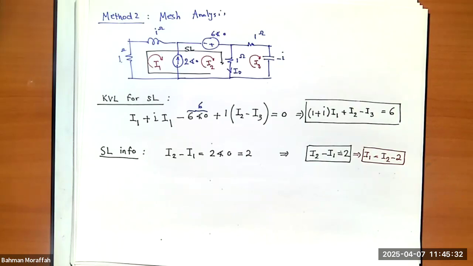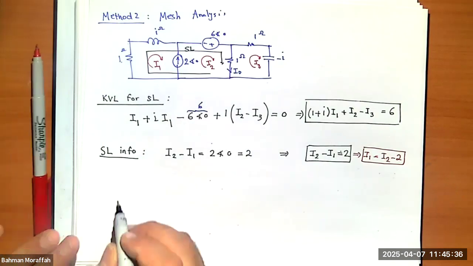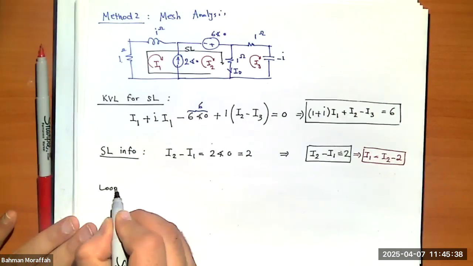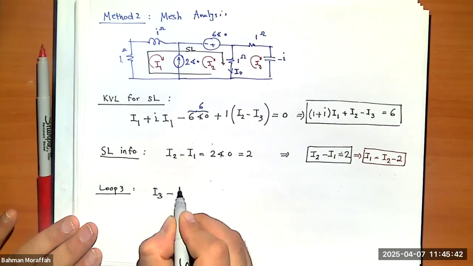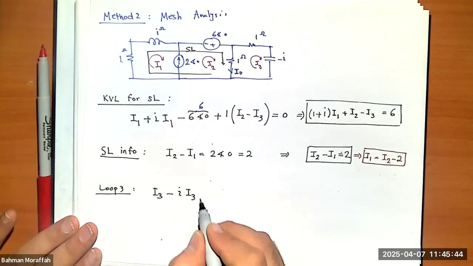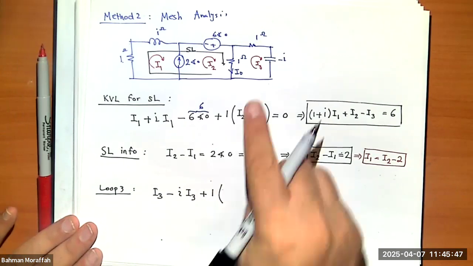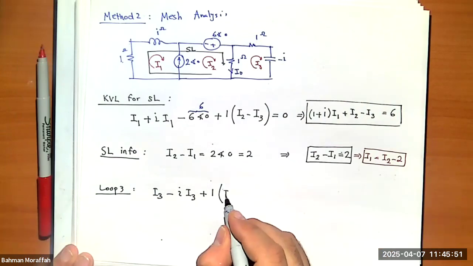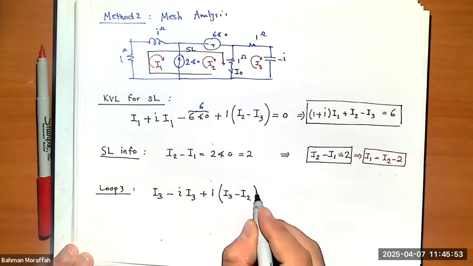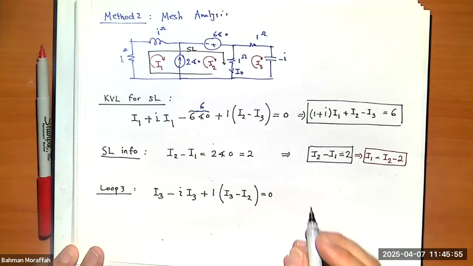I still have one more KVL to write. I have loop 3. So I have 1 times I3 minus I times I3 plus 1 times, what is the current here? This is I3 minus I2, and that is 0.